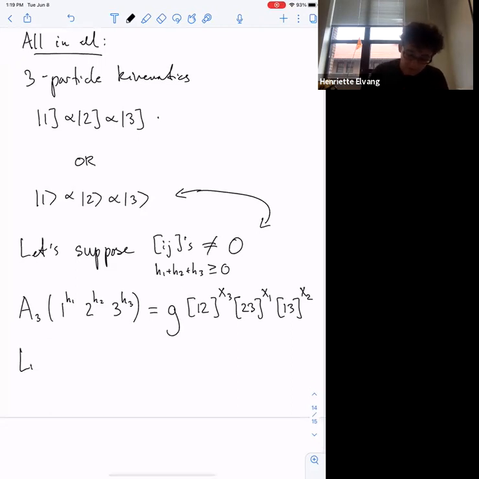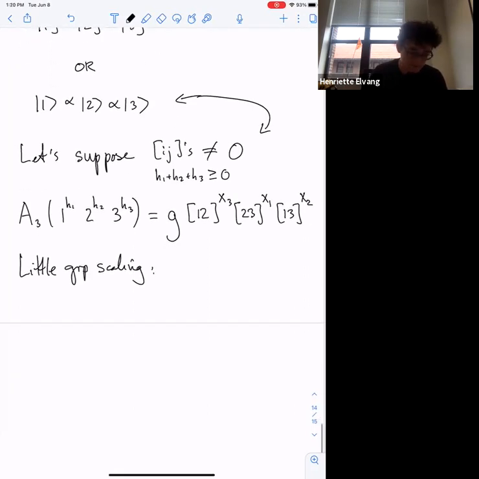Well, we're going to do little group scaling. And I'll start with momentum 1. From what we learned about little group scaling, if I rescale 1, the amplitude has to go as t to the minus 2 h1. That's how the amplitude has to scale homogeneously.